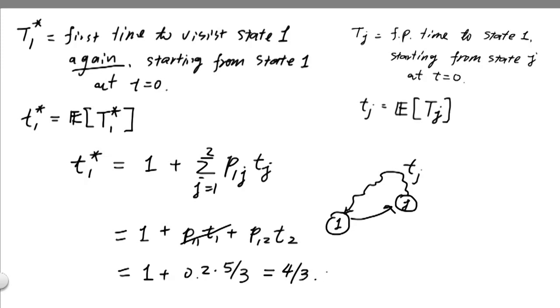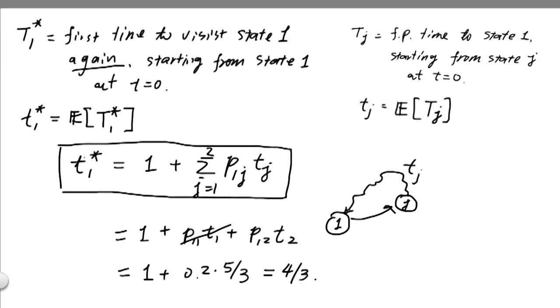This completes the problem. Just to remind ourselves, the crux of the problem is this type of recursion, which expresses a certain quantity in one incremental step followed by the expected time to reach a certain destination after that one step. We can do so because the dynamics is modeled by a Markov chain, and hence the time to reach a certain destination after this first step only depends on where you start again, in this case, state j.